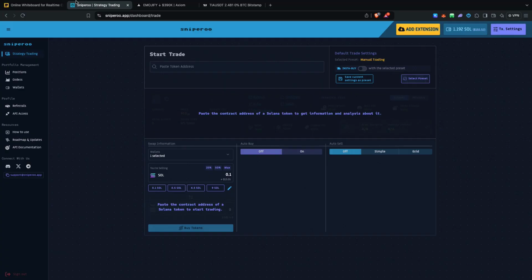The reason why I like Sniperoo is there's a guarantee that when I go in on a particular project, I know I'm not going to lose any funds, whether the developers decide to rug pull or not. There's not going to be any front running, because I've set up my trading strategy and I've secured my money. So this is one of the reasons why I love using Sniperoo.